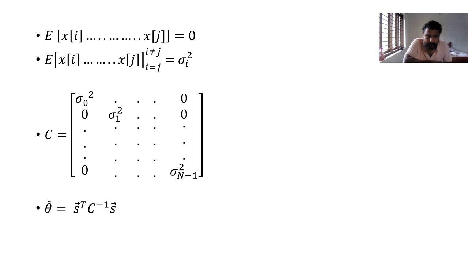Theta cap is given by S transpose C inverse into X divided by S transpose C inverse into S. And the variance of theta cap is nothing but 1 by S transpose C inverse into S. And you are already given the variance of w of n, which is sigma n square.